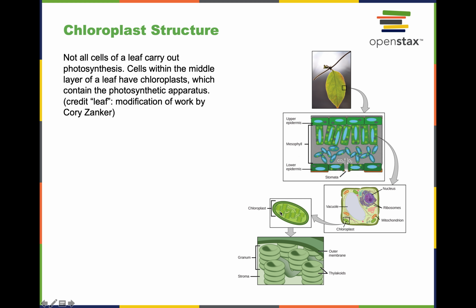It's a double membrane organelle that also has internal membranes in it. And it is these stacks of membranes that are responsible for capturing light. In fact, there are molecules on these membranes that are responsible for capturing the energy of light.